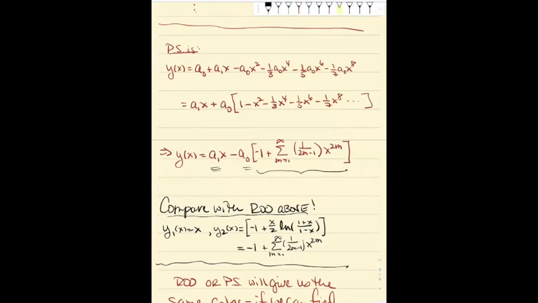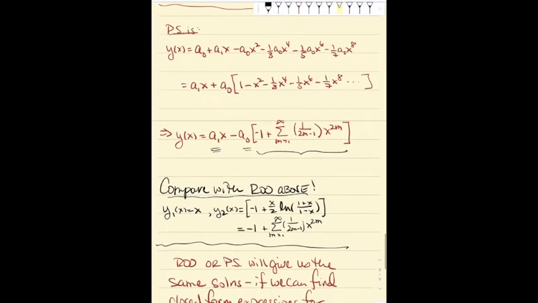And now that might start to look a little familiar. In particular, I want you to compare it with the reduction of order form that we did before to say, oh, that expression in that set of brackets up there is nothing but my -1 plus x over 2 times that natural log term.